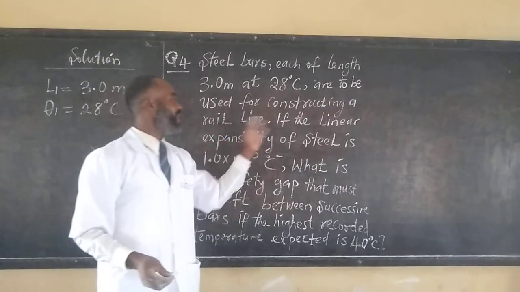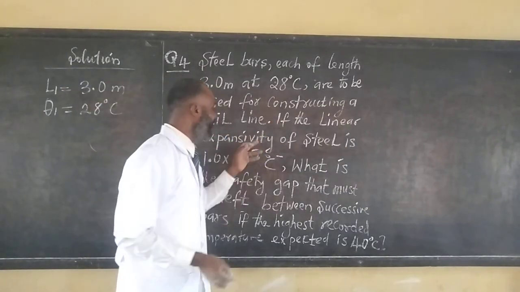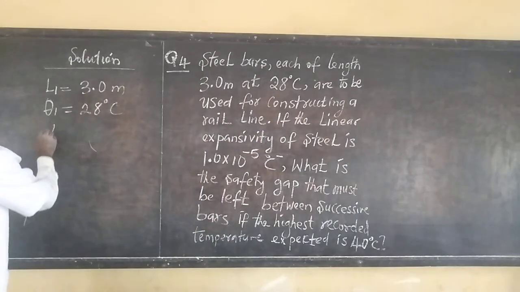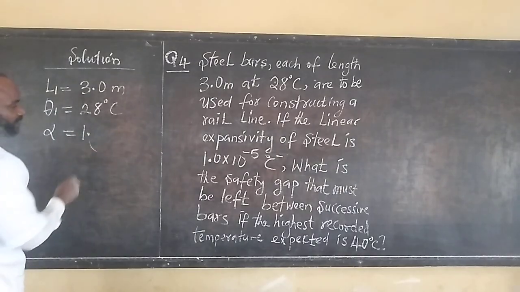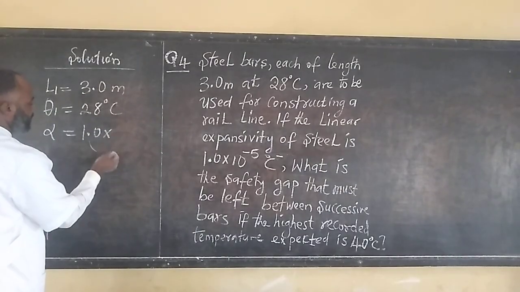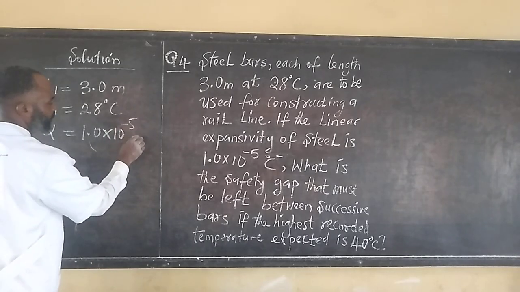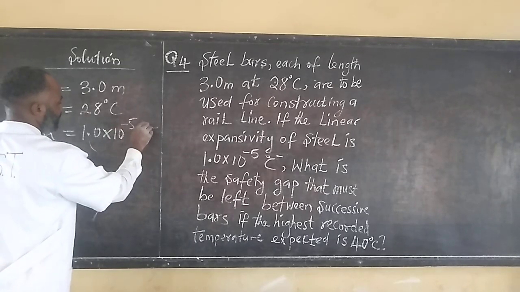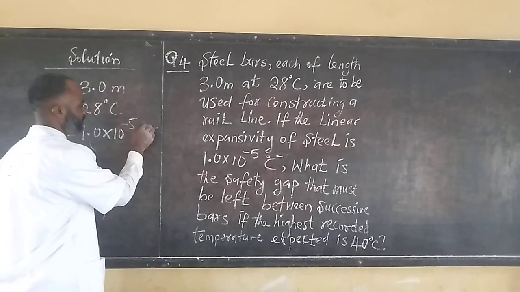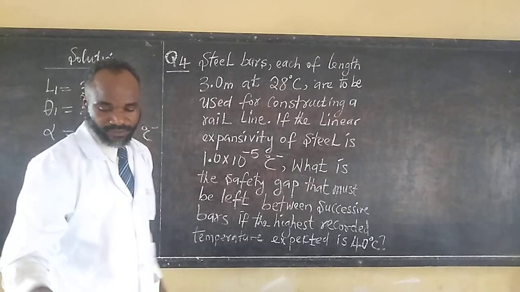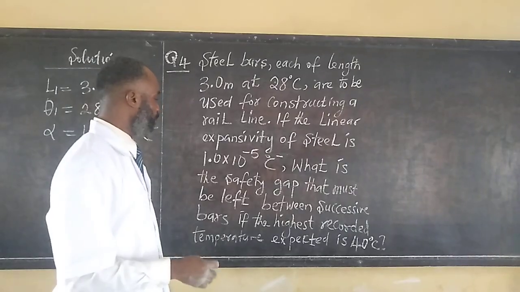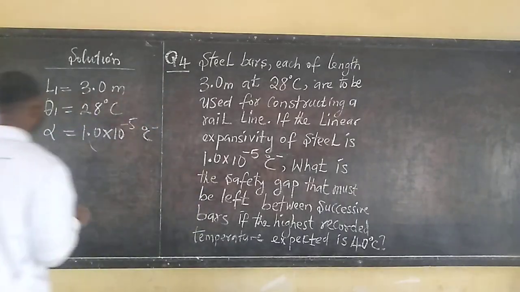To be used for constructing a rail line, the linear expansivity alpha is 1.0 times 10 raised to the power minus 5 per degree centigrade. What is the safety gap? We are talking about the safety gap.